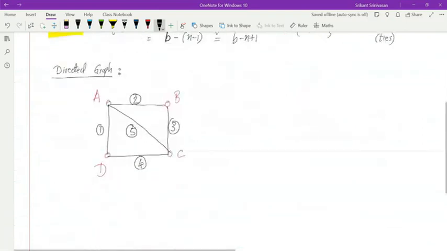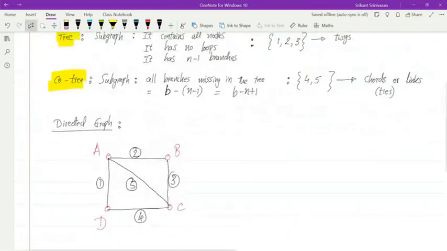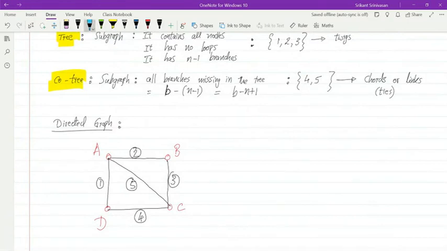Based on that, I have some general idea of what might be the direction of current flow. So now I can start putting directions. I can say that the current flows like this. It goes here, goes here, goes here, goes here. Fine. Now, these directions or arrows are approximately drawn. It doesn't matter. When you solve the circuit, you will finally get the actual values of the current. So once you are able to put these arrows, then it is called a directed graph.